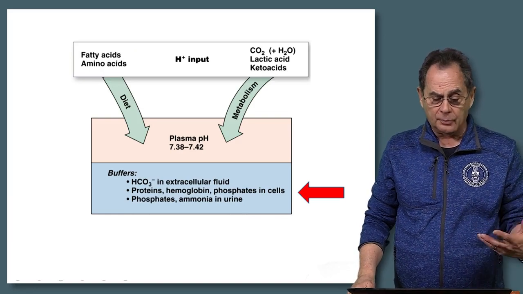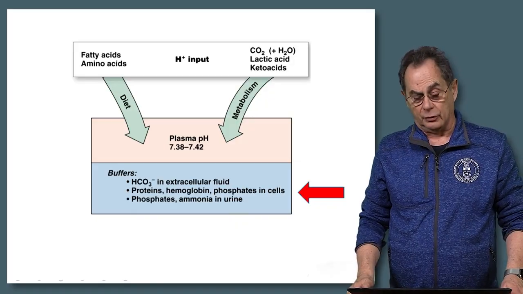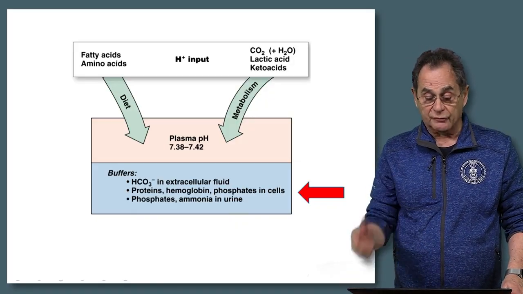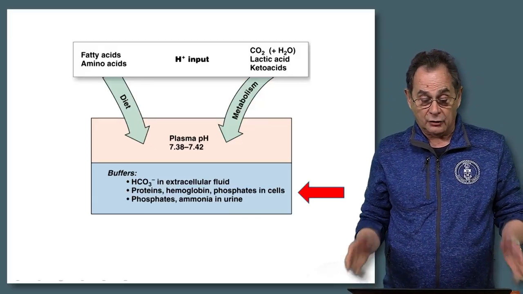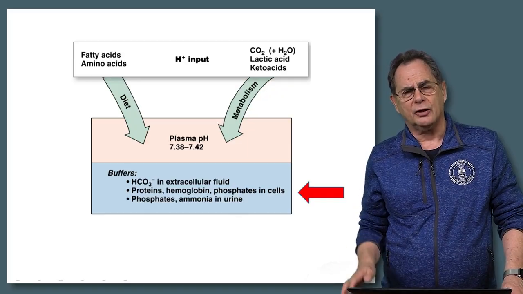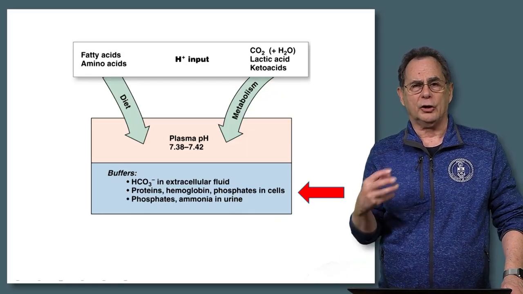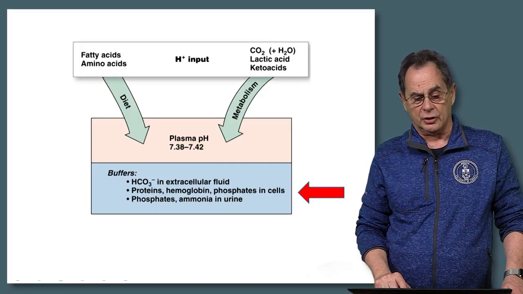Here there's bicarbonate in the extracellular fluid. It's our dominant buffer. And then we have proteins and phosphates within the interiors of cells which combine hydrogen. And in urine, we use phosphates and ammonia. And we're going to talk a lot particularly about ammonia, when we look at the kidney's ability to bind hydrogen ion and secrete the hydrogen ion.